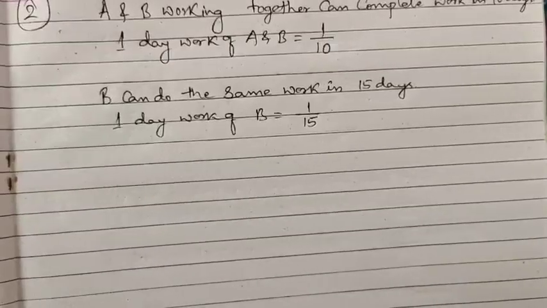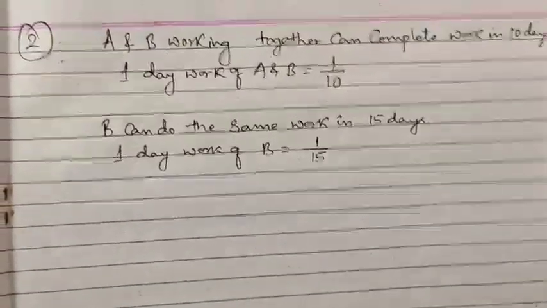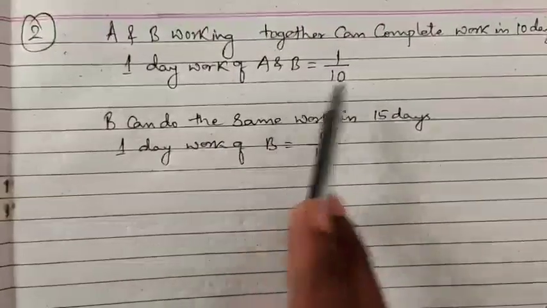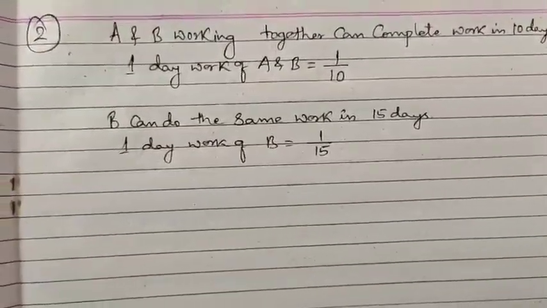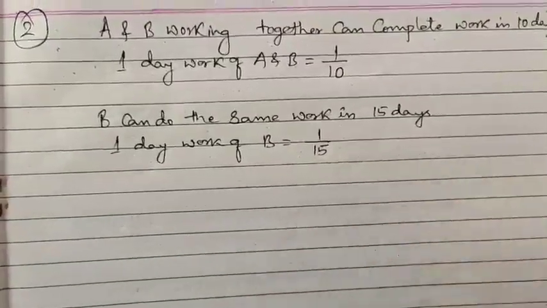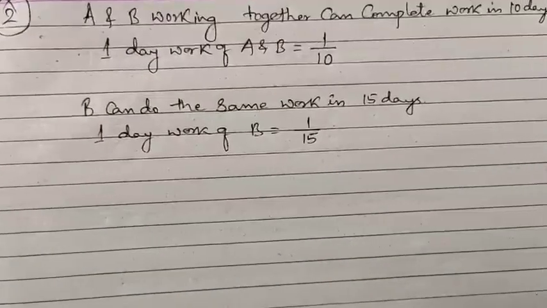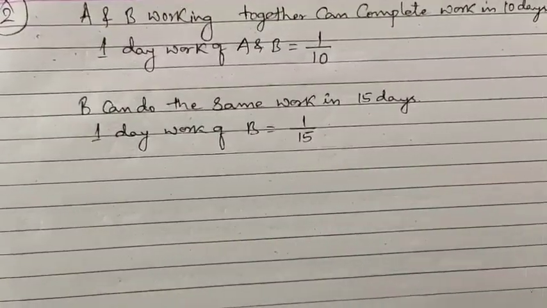Now the question is asking how long A will take to do the work alone. If both A and B are working, they are completing in 10 days. If B is working alone, B is completing in 15 days. Now the question has asked how many days will be required for A to complete the work.